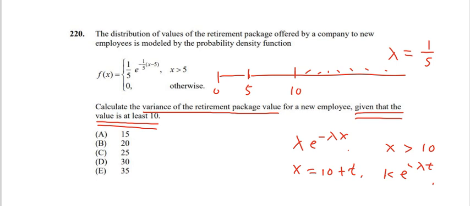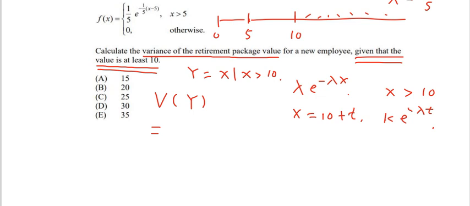Okay, by now this problem is really easy, right? Suppose this is Y, so Y is just X under this condition. So Y is exponentially distributed, and the mean is 1 over lambda, which is 1 over 1 over 5, so that equals 5, and the variance is 1 over lambda squared, which equals 25.